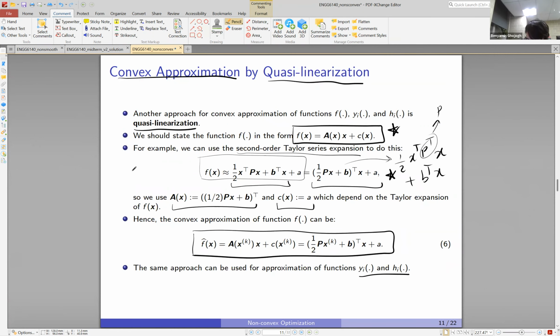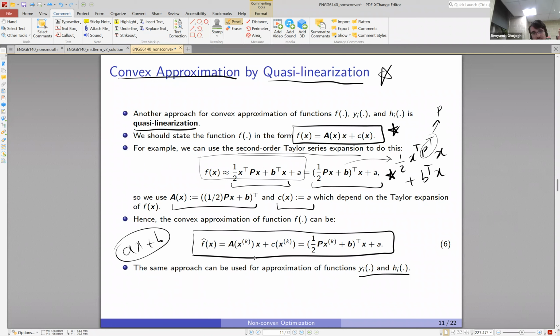Also, why do we call this quasi-linearization? Because we are writing a quadratic form like a linear form. So consider A to be like ax plus b in this form, right? If you consider capital A of x, although A of x itself depends on x, if you see it as a black box, then it seems to be like a linear function.